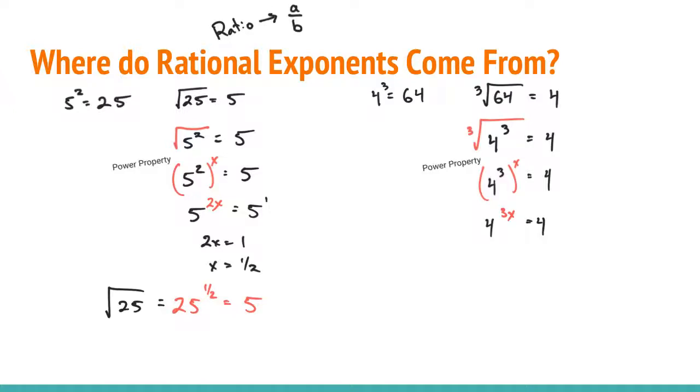And that 4 on the right side would have to be to the first power. And so this is 3x equals 1 and x equals 1/3. So what we've just shown here is that if you have the cube root of something, say the cube root of 64, that would be the same thing as saying that you have 64 to the 1/3. And then those would both have to equal 4.